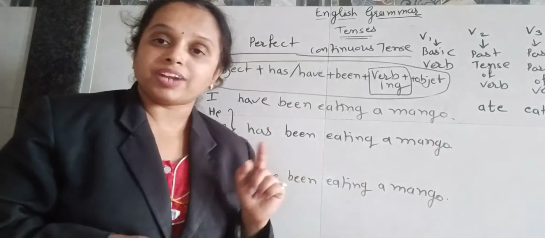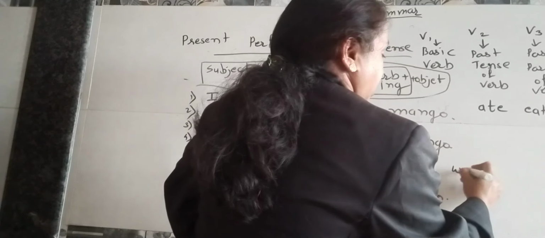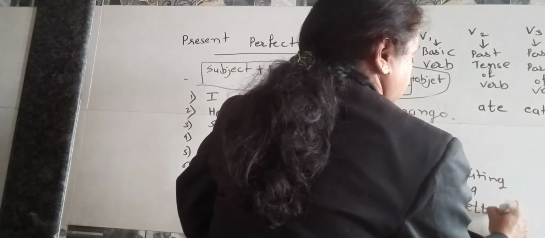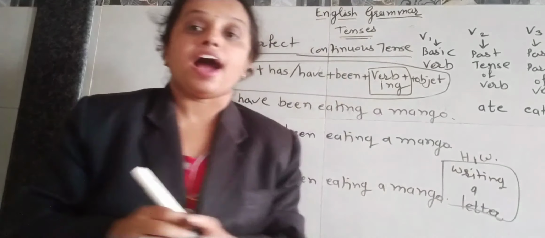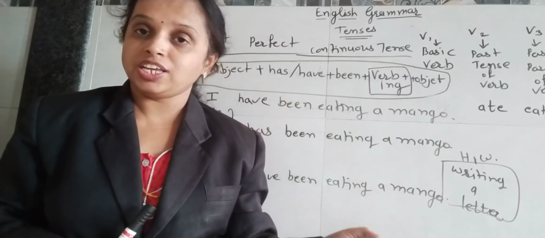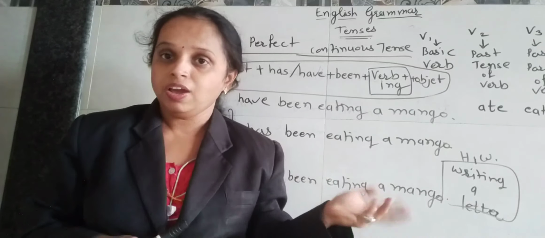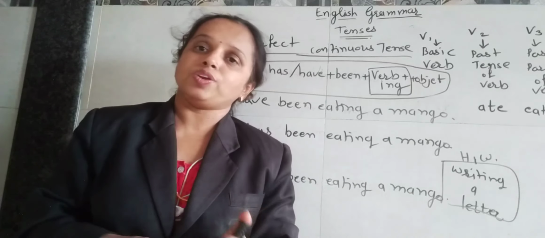And again you have to write sentences for writing a letter as homework. I hope all of you have understood this. You should do the practice, and if you have any doubt, you can ask me while I am continuing the lecture. Okay, thank you students, thank you very much.